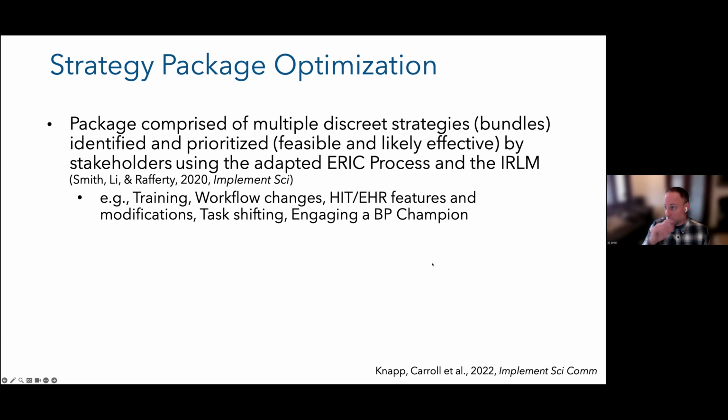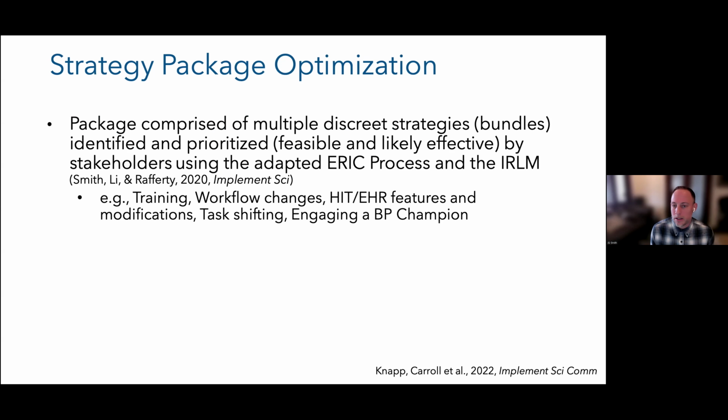But for this example, we identified a package comprised of multiple discrete strategies. So this is basically multiple bundles that then comprised the package of multi-component strategies. We identified those with our community partners, and they were involved in helping us prioritize them.